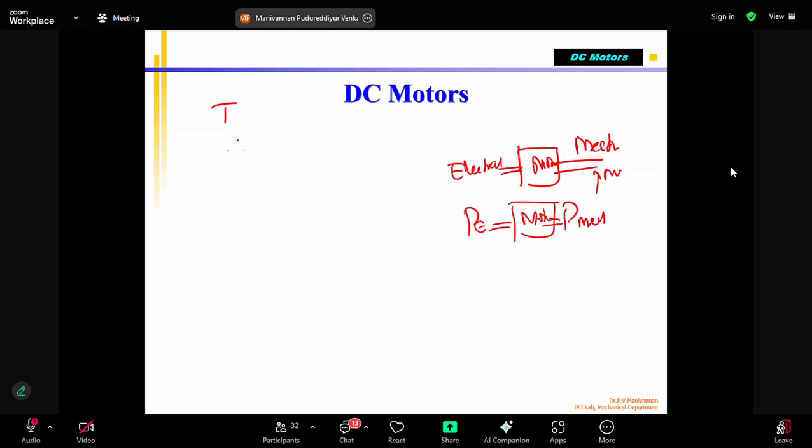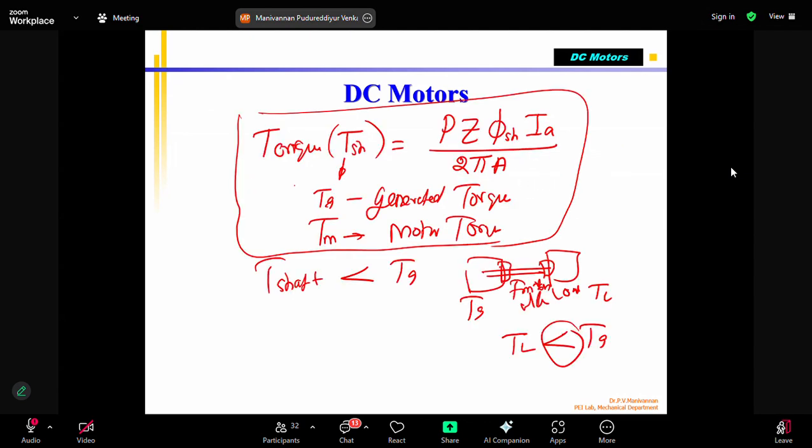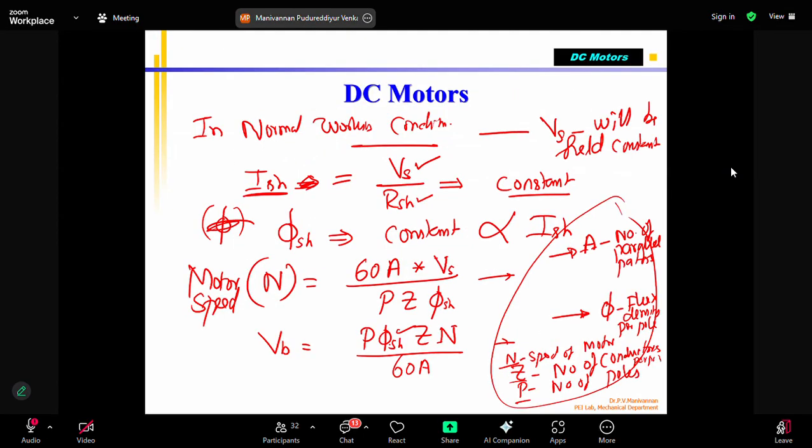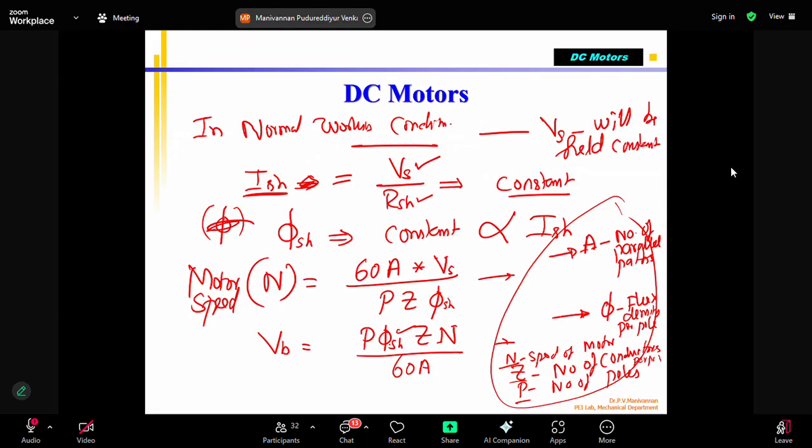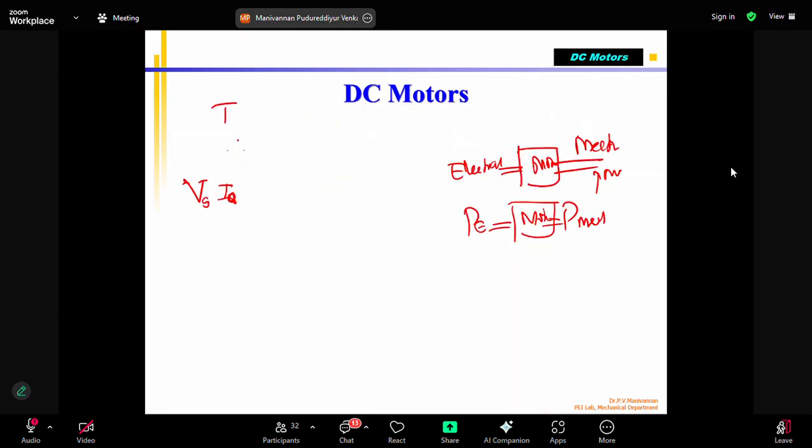If I give electrical power to a motor, it is going to produce mechanical power. So what is the input power given to this motor? Vs into I, correct? Actually, I total, Vs into IT.